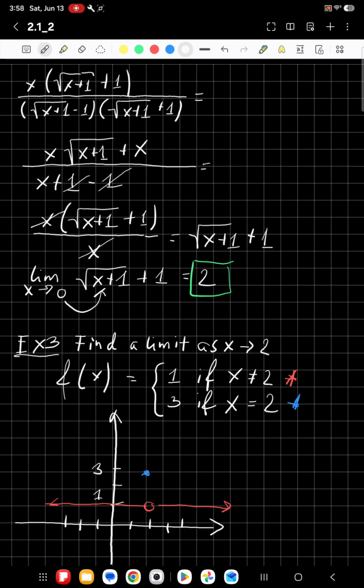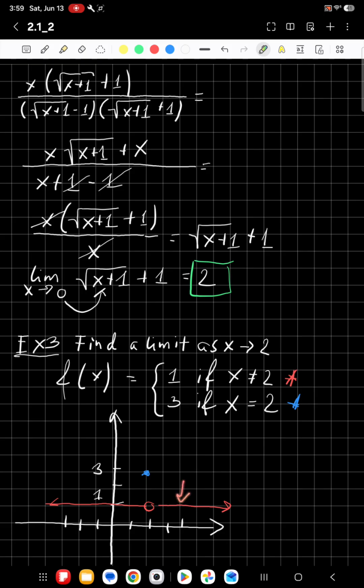Now the question is, as I said, we'll be solving it just by graphing. What is the limit when x approaches 2? x approaches 2 from this side, and x approaches 2 from this side. Remember, it doesn't matter what happens at 2. What matters is what happens close to 2. When we get close to 2, not when we're at 2, the value of the function is 1.